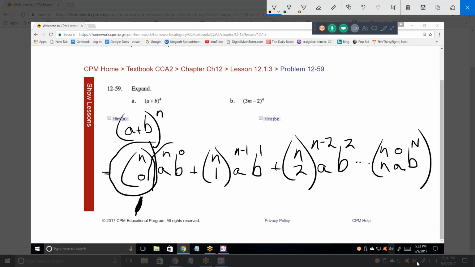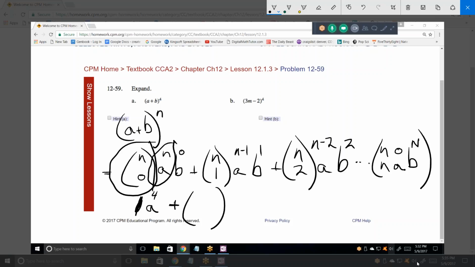What's this term? A to the 4th. Next term. Is there any b term? No, because b to the 0 is 1. So there's never a b term in that first term, just like there's never an a term in the last term.